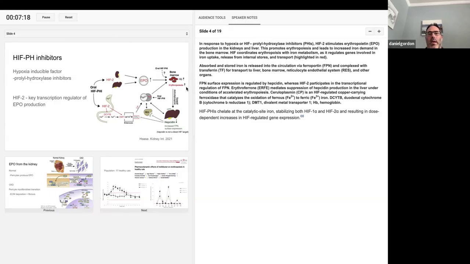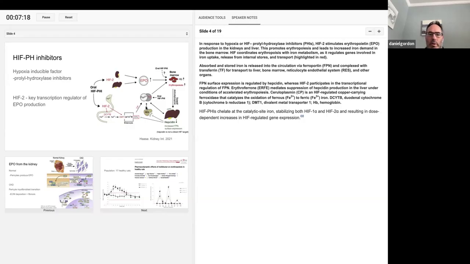This increases iron demand, not only in the bone marrow, but HIF2 also increases the movement of iron from its stores in the body through ferroportin, which ultimately binds to transferrin, which goes to the liver and also the bone marrow to mobilize iron throughout the body.